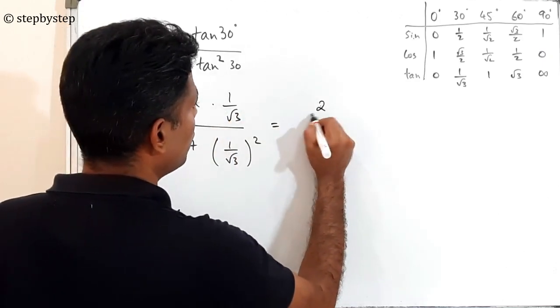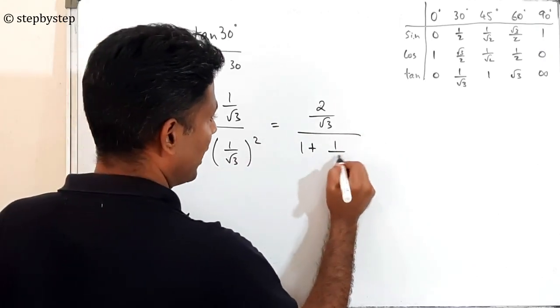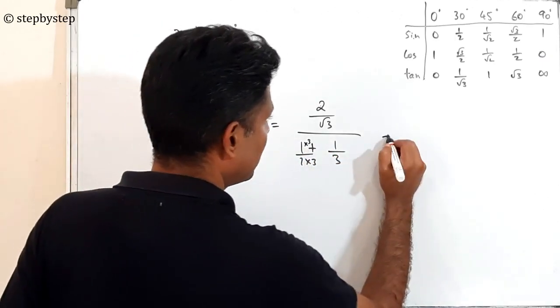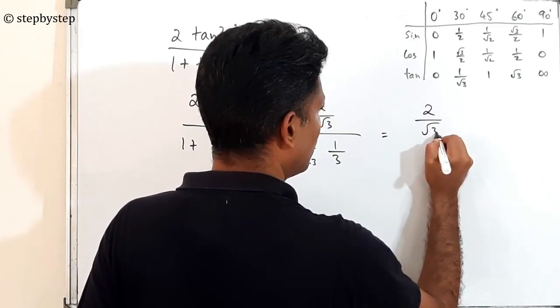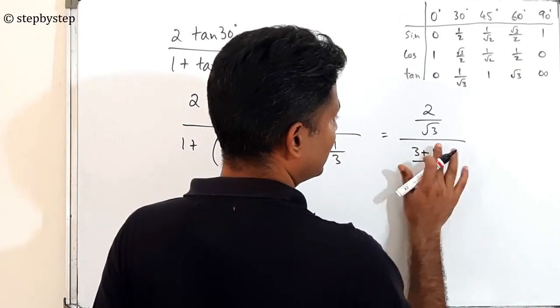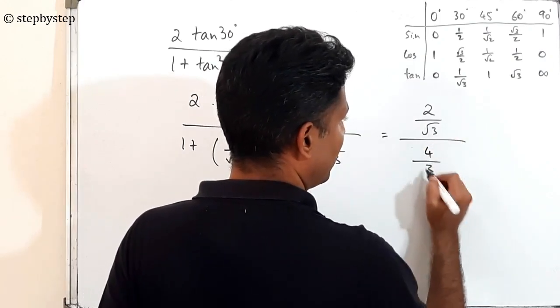So this will be equal to 2 by root 3 by 1 plus 1 by root 3 whole square, 1 by 3. So taking LCM into 3 into 3. So we get 2 by root 3 by 3 plus 1 by 3, or this is nothing but 4 by 3.